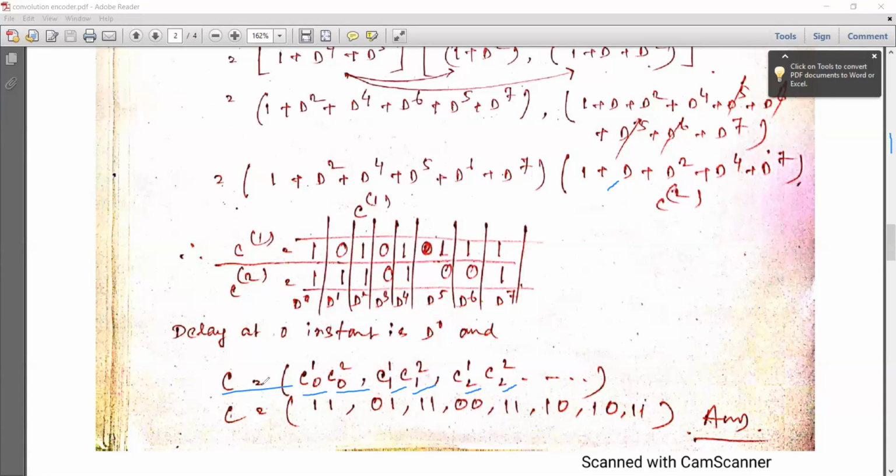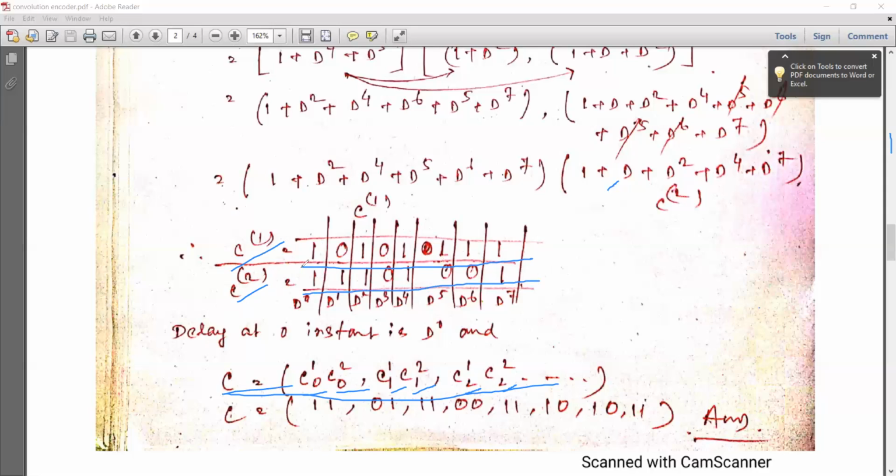Okay, so to make this clear, we have to make a table. This is for your understanding purpose. So this is C1 and this is C1 and C2. We're just taking the coefficients. We're taking the coefficients of C1, and these are the coefficients of C2.